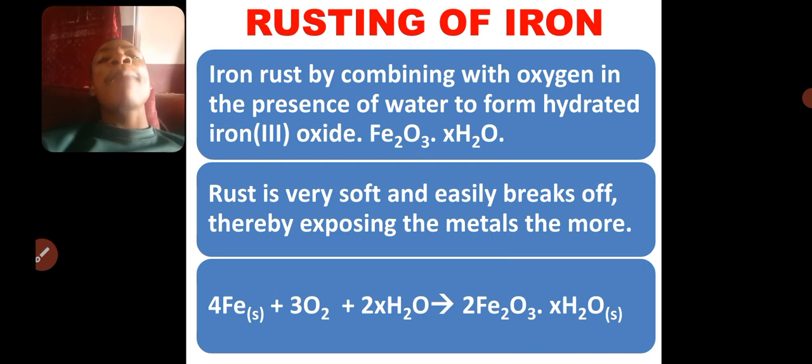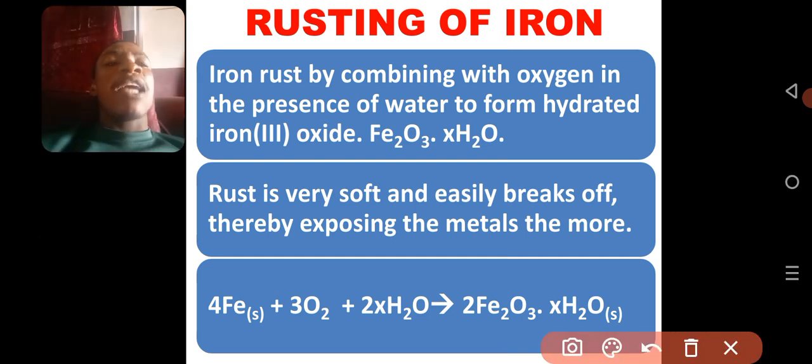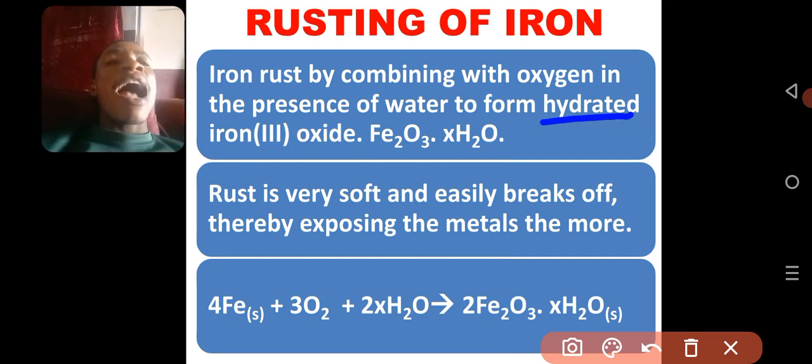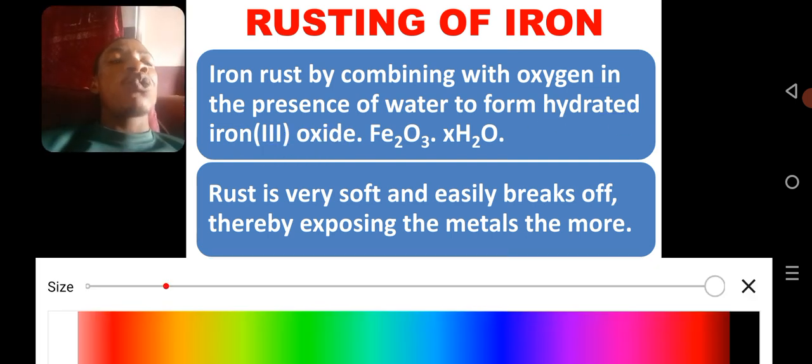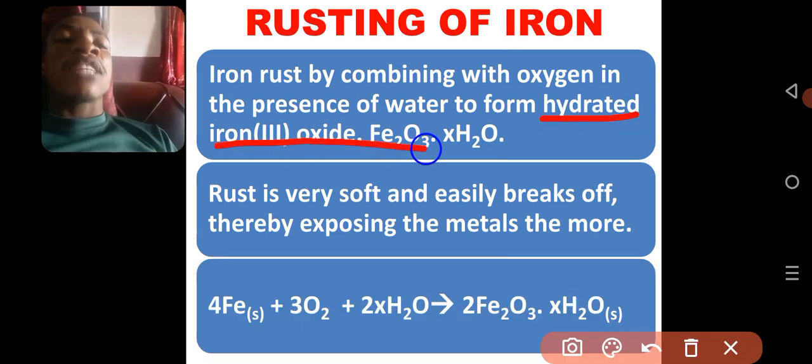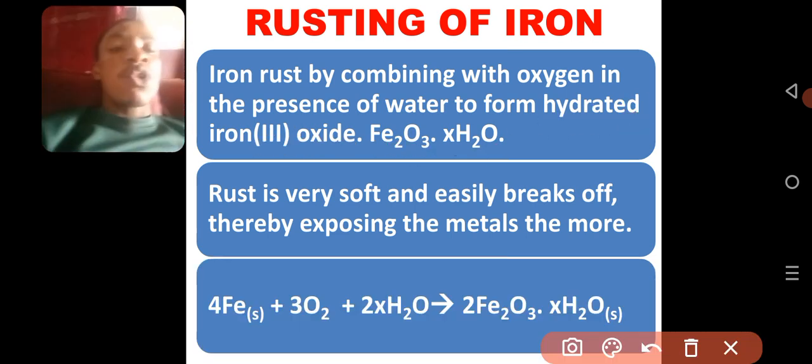Like every other metal, iron will rust when it's combined with oxygen in the presence of water, and the product will be hydrated iron III oxide. Hydrated iron III oxide is what is known as rust.